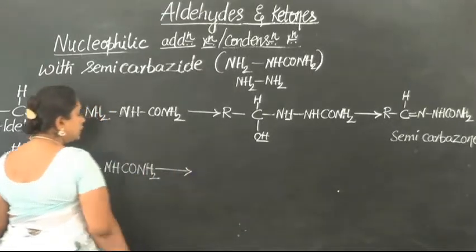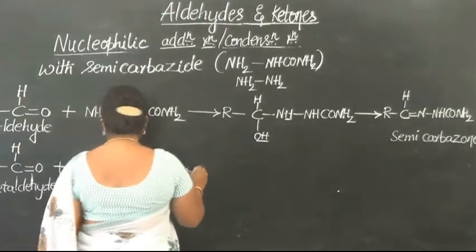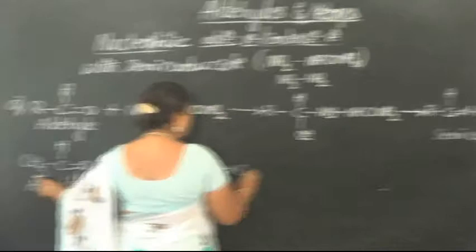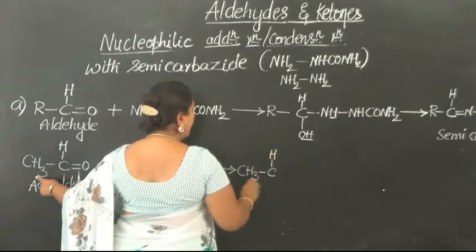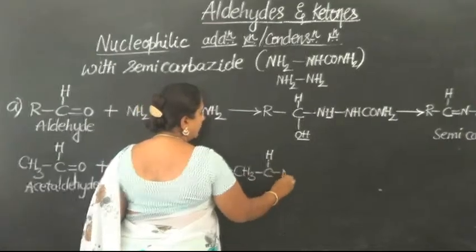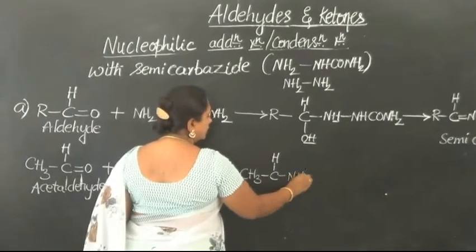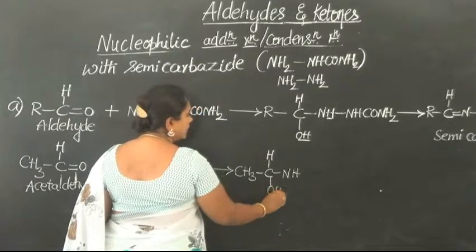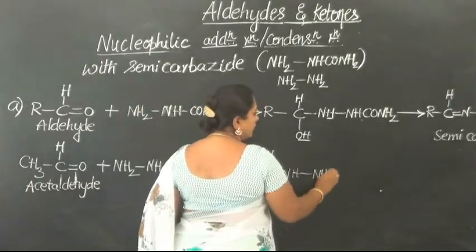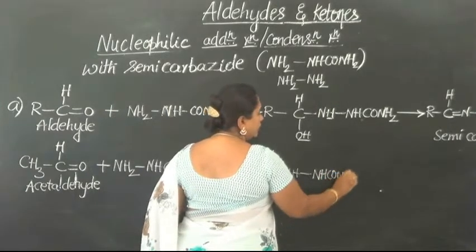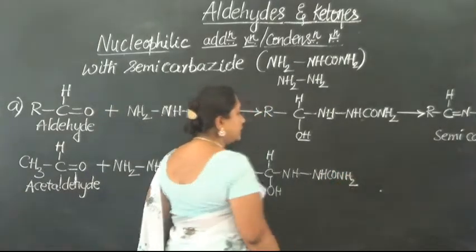forms the addition compound. You know what the product obtained is now? CH3, C, H above, NH below, it is OH. Now this NH is further linked with NHCONH2. Now it undergoes dehydration.